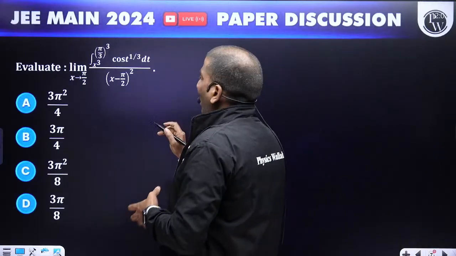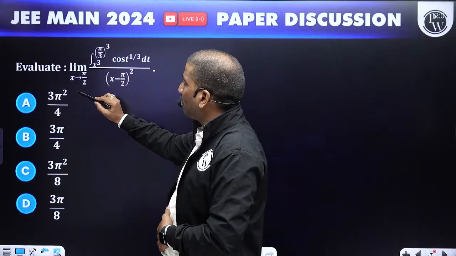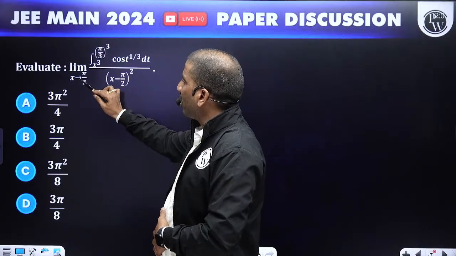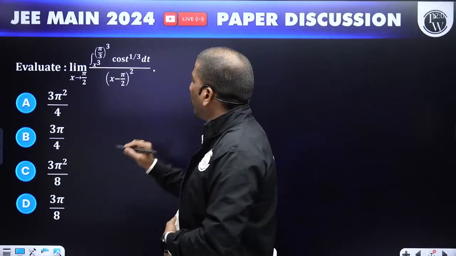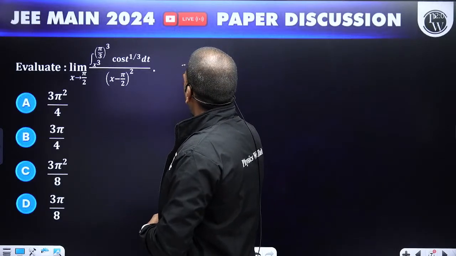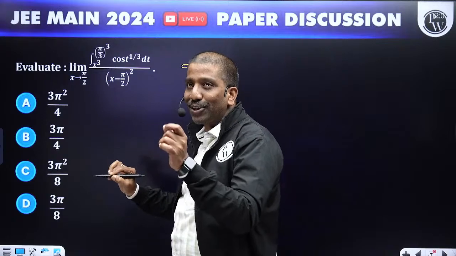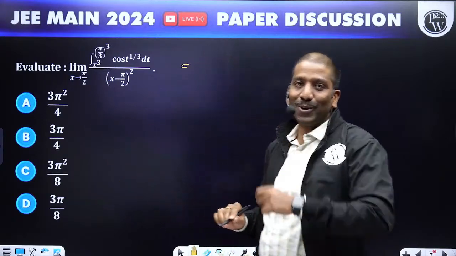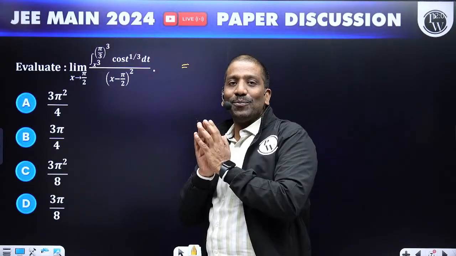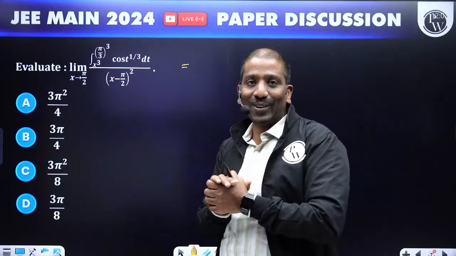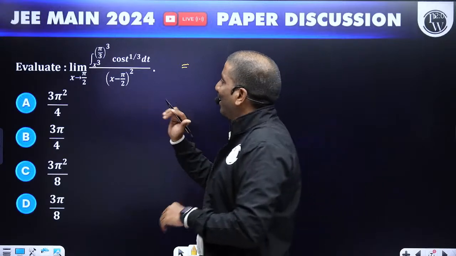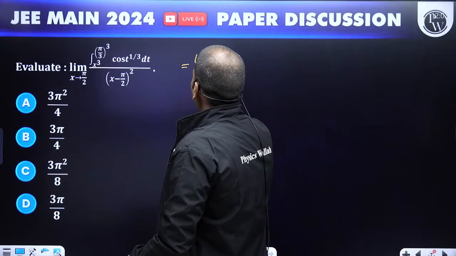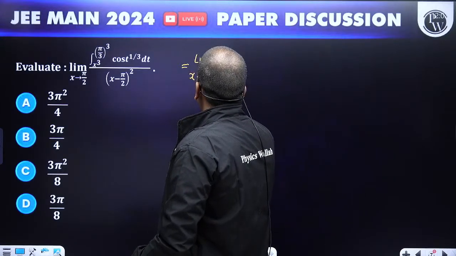When we substitute, this is coming out 0, so the denominator is also 0. What we will do? We will apply L'Hopital rule. First and foremost point: we are always most interested in applying L'Hopital rule if the question gives us a chance.